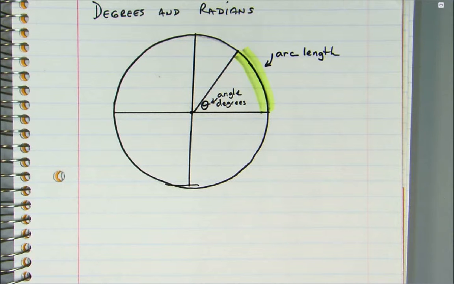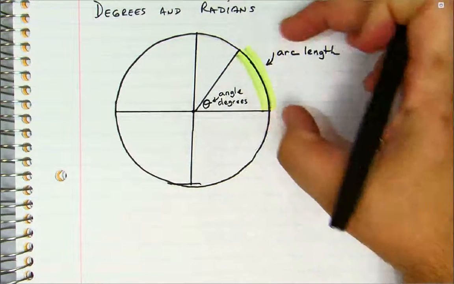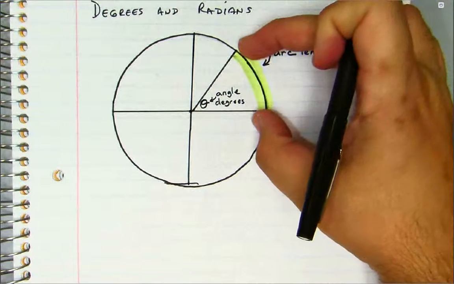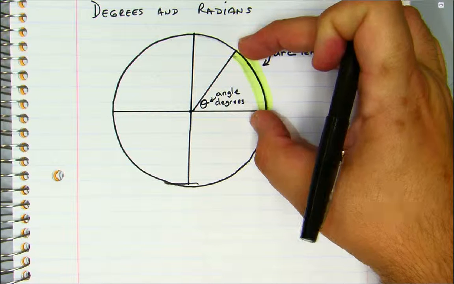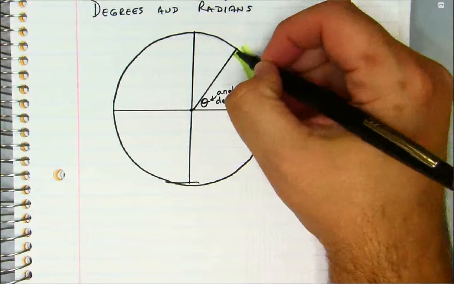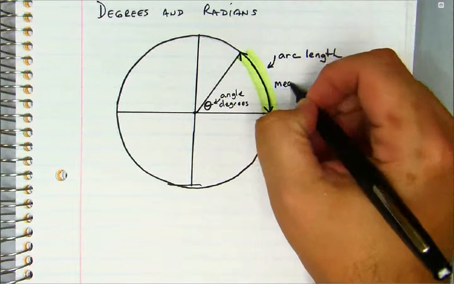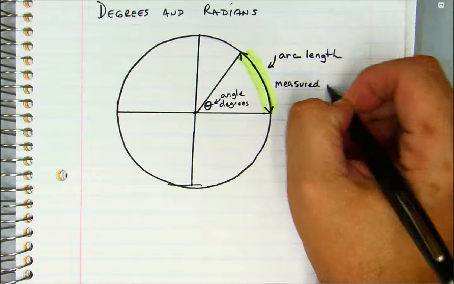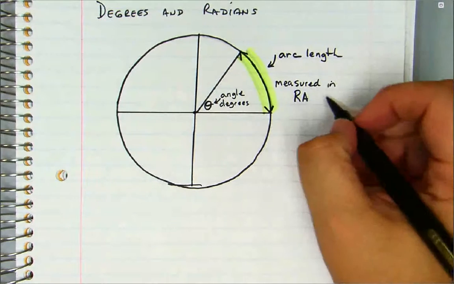Now, every degree in a circle cuts a certain measurement out of the circle itself, and the length of this segment from here to here is measured in this unit of measurement called a radian.